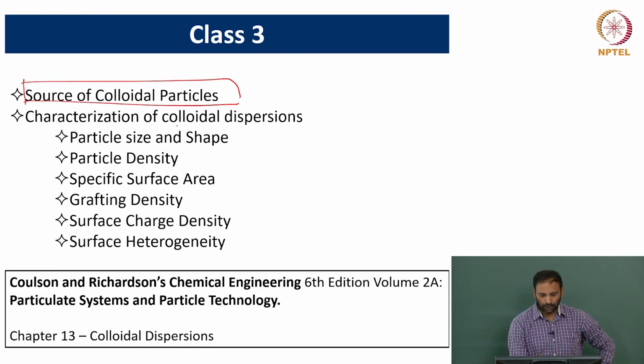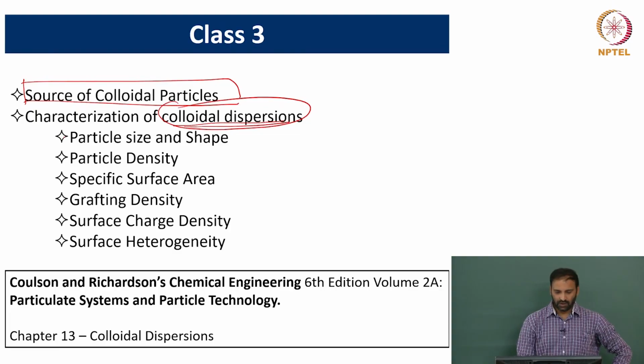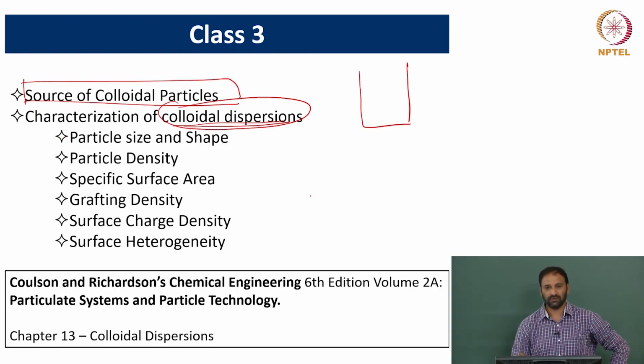Following that, we will move on to defining or characterizing colloidal dispersion. The moment I have a colloidal dispersion, that is dispersion of these particles in a fluid, I may have to worry about several different physical, chemical or physico-chemical properties of both the particles as well as the dispersion.